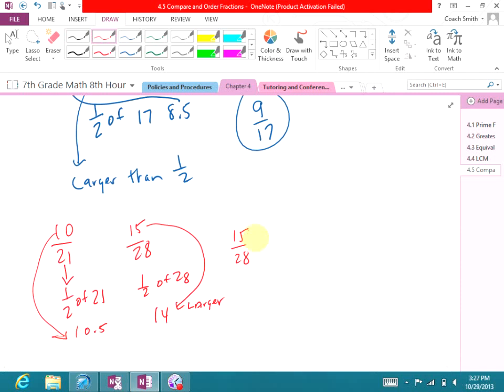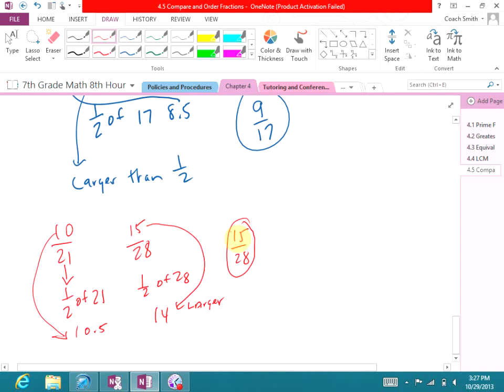So the larger fraction is 15/28. And that's how you can use approximation. Usually, they're going to cut the fraction in half, or they're going to cut the fraction in fourths, something that's very easy to see.